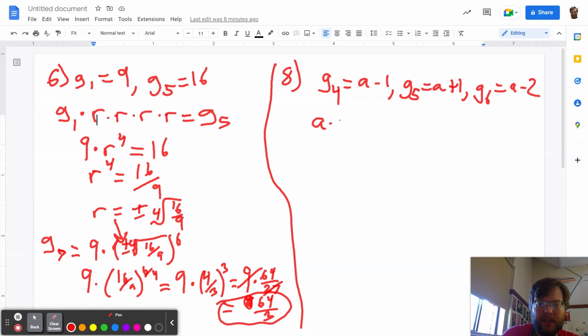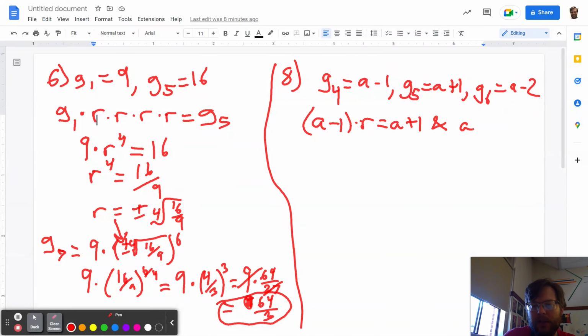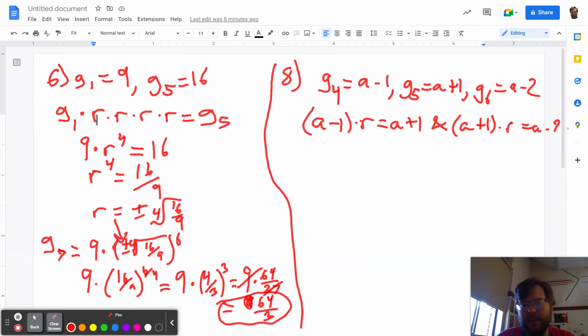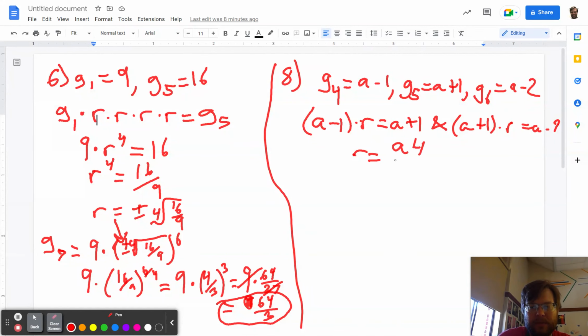So that means that I know that a minus 1 times r is a plus 1. And very similarly, a plus 1 times r is a minus 2. You could also skip that step and just go ahead and solve for r, because r is always the next term divided by the previous term.